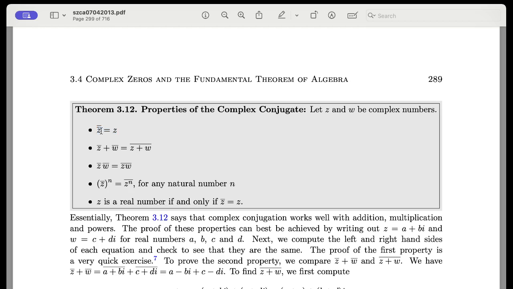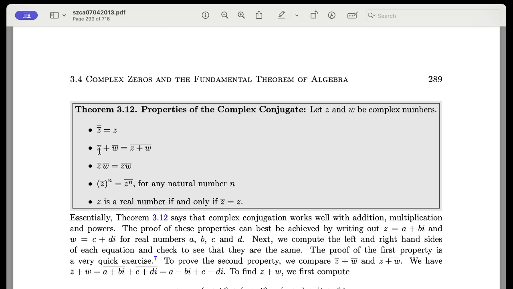Well, this first thing is saying if you conjugate twice, you get back to where you started. Does that make sense? I hope so, because you're turning the imaginary part negative, and then you're turning the imaginary part of that negative. You're back where you started. These next two things say that complex conjugation kind of plays well with both adding and multiplying.